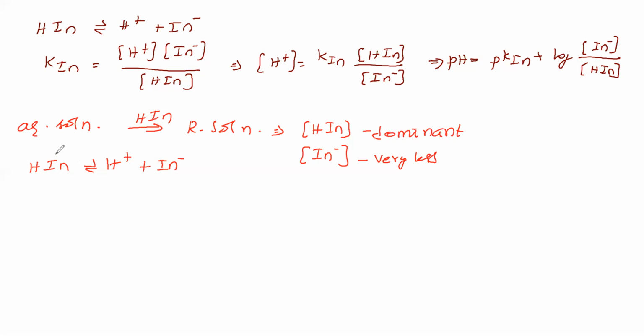Some will have color in this form, and some will not have color in this form. That depends on their nature. If you take phenolphthalein, one form is colorless and the other has color.